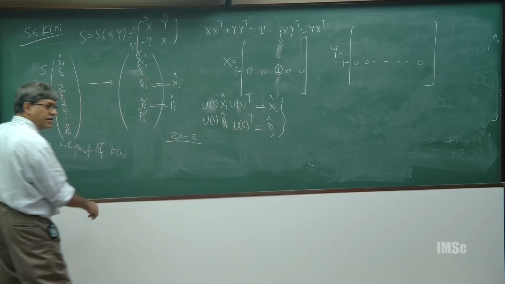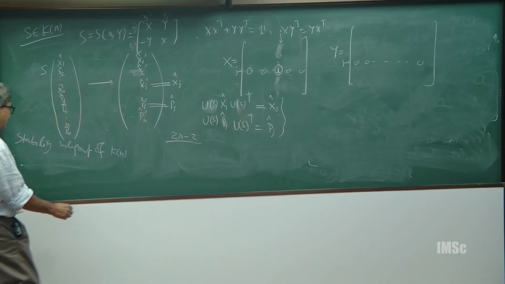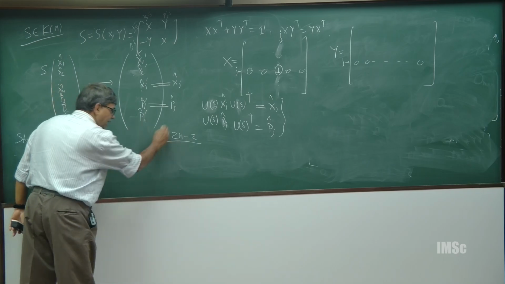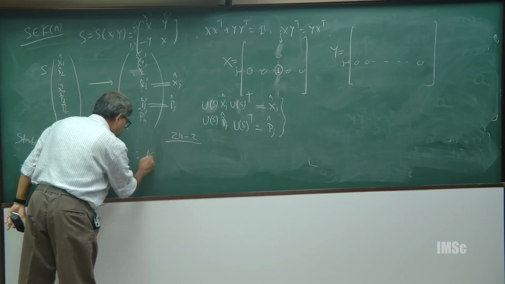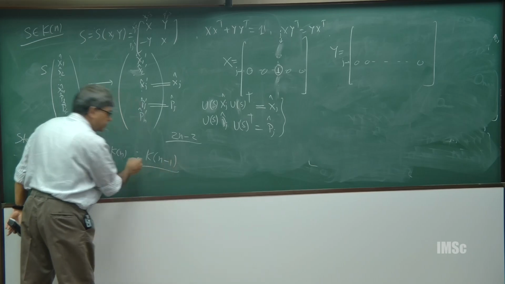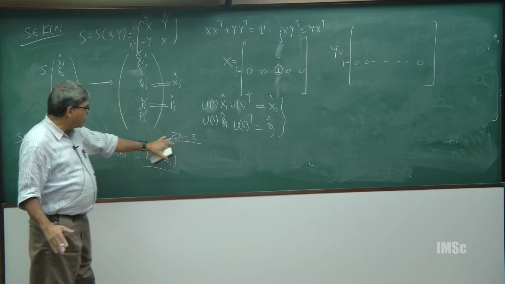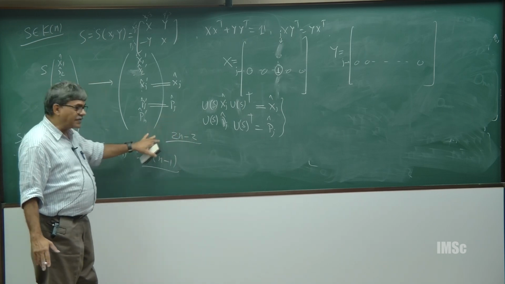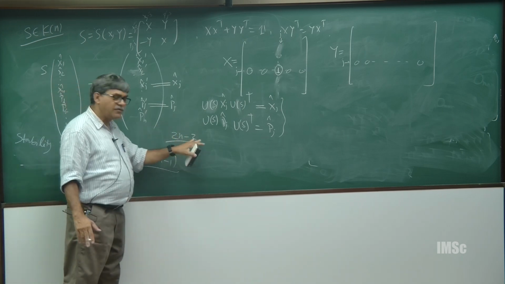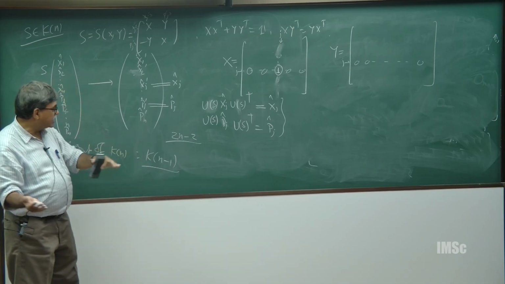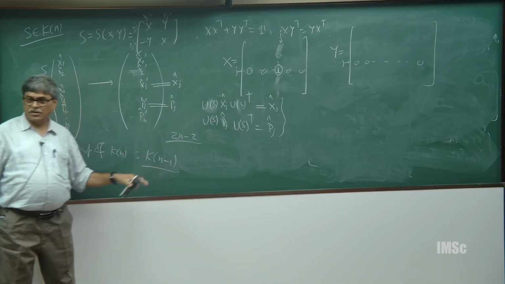As a result, the stability subgroup of this, the same analysis you will see, should be K n minus 1, right, because you will have to consider rotations in this 2n minus 2 dimension, you will have to consider symplectic transformations in this 2n minus 2 dimension, and then their intersection, which will give rise to K n minus 1.